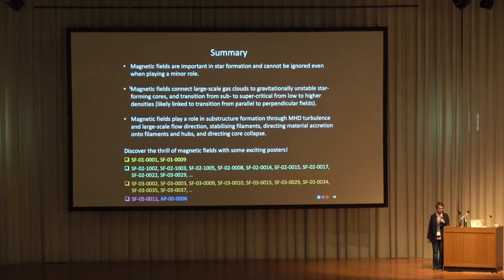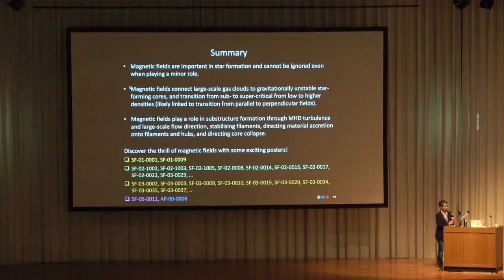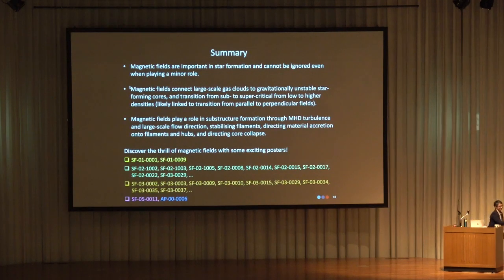Hi, Mordecai Mac Low, American Museum of Natural History. I would just like to emphasize, and this is maybe to Kate's points particularly, that Nakano, back in 1998 here in Kyoto, made the very important point that an MHD-supported cloud evolving by ambipolar diffusion has a column density so low that you can't detect it against the background.